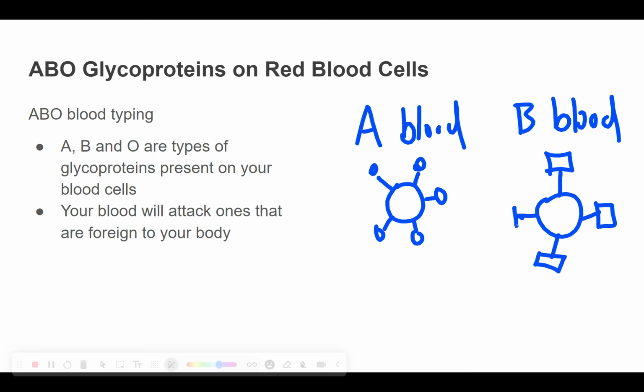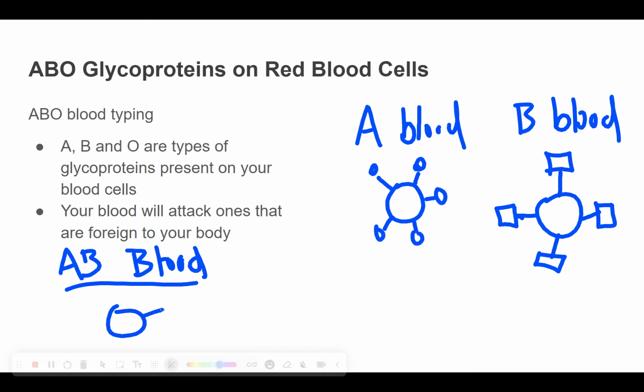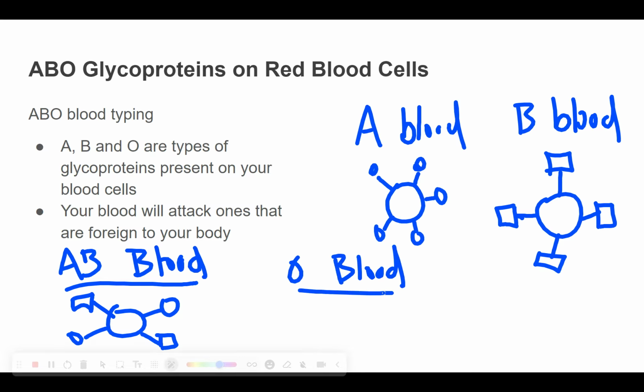If you have AB blood, that means that you have both of those. So AB blood is both the circles, or whatever we are representing as circles, and the squares. And if you have type O blood, it means that you do not have any of those marker proteins on the outside of your red blood cells. You have a little place where they could be, but you don't have them.